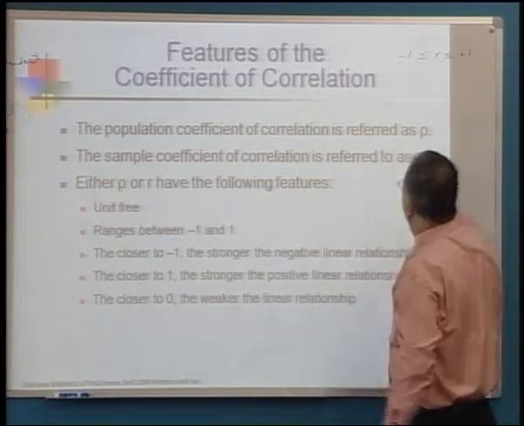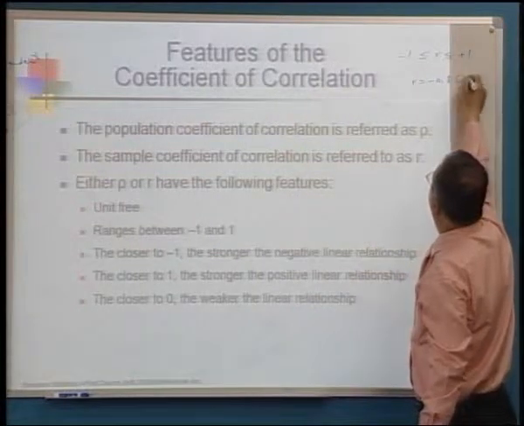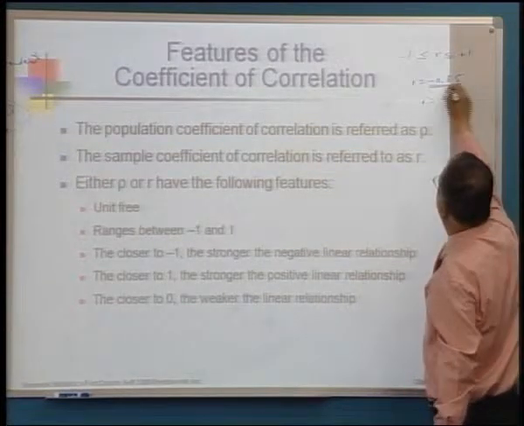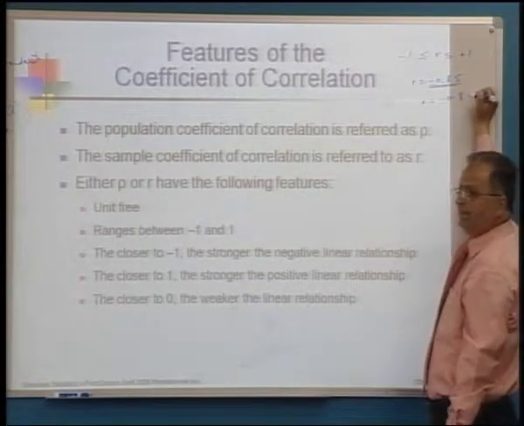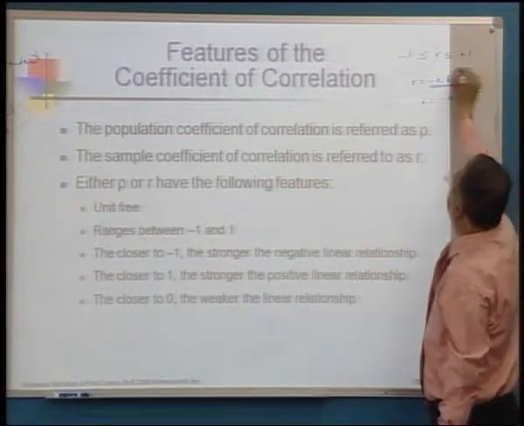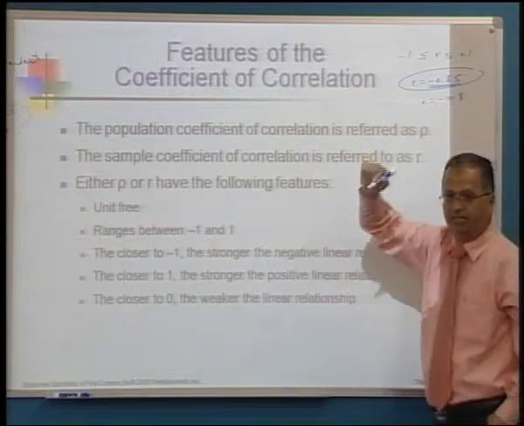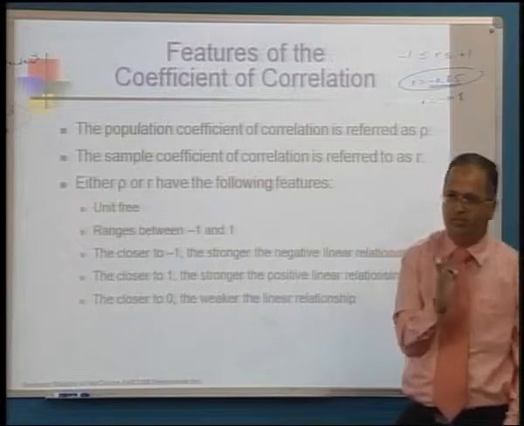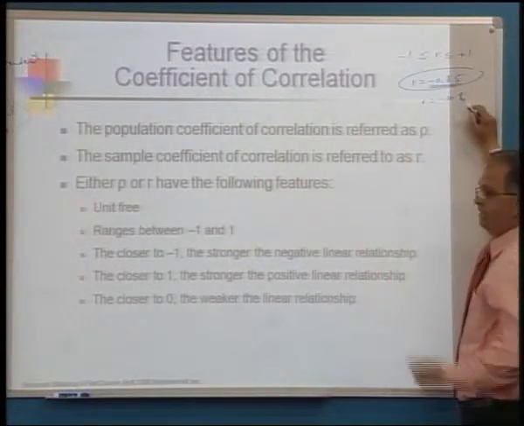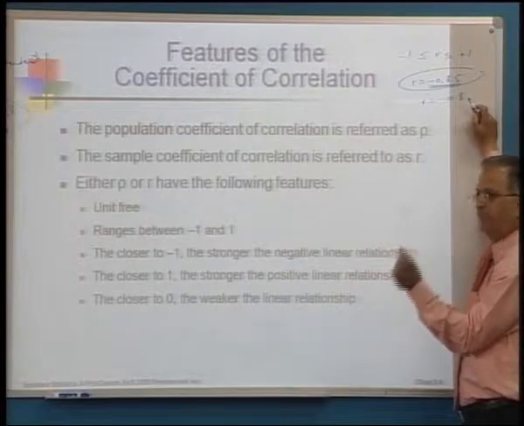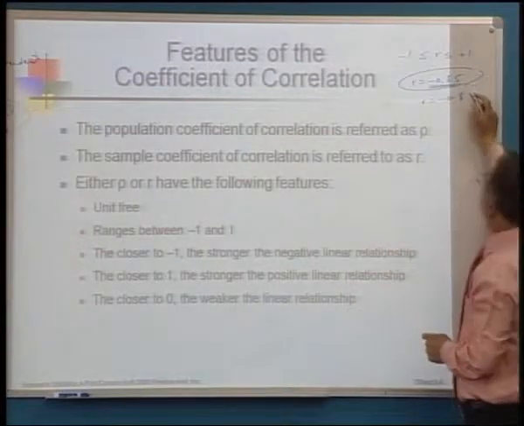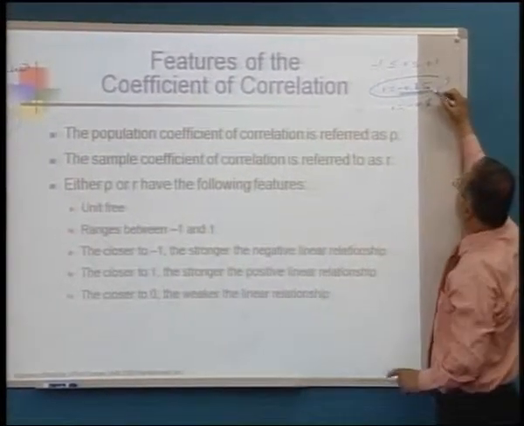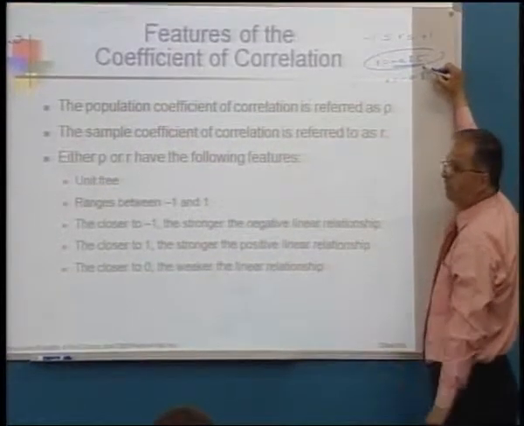So for example, if R is -0.85 or R is -0.8, -0.85 is closer to -1 than -0.8. So -0.85 is stronger than -0.8 because we are looking for closer to -1. The value -0.8 itself is greater than -0.85, but -0.85 is closer to -1. So we can say that this relationship is stronger than the other one.